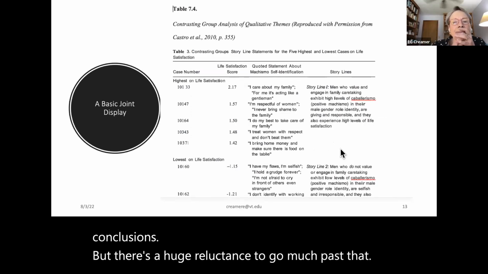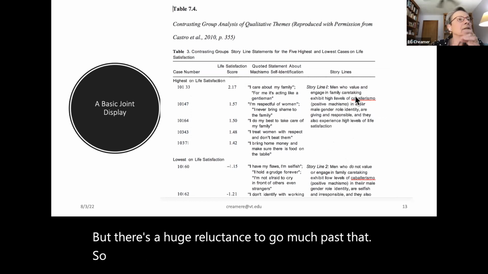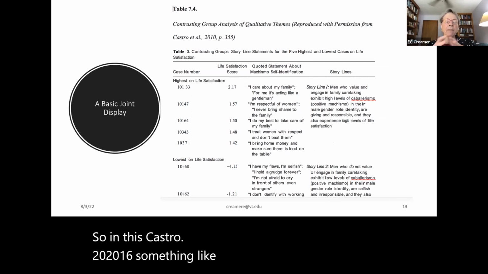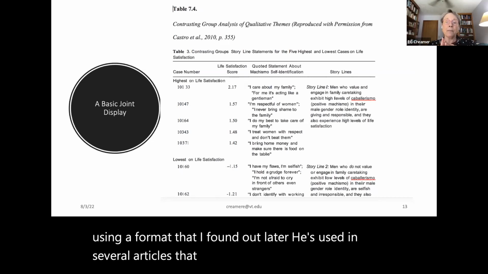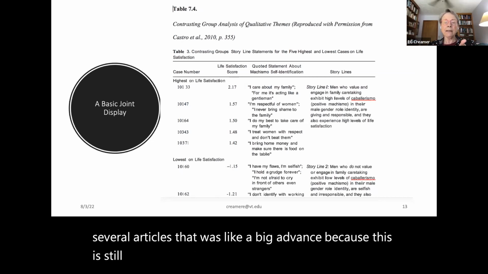So in, when was Castro? 2016, something like that. He published an article using a format that I found out later he's used in several articles that was like a big advance, because this is still a joint display.